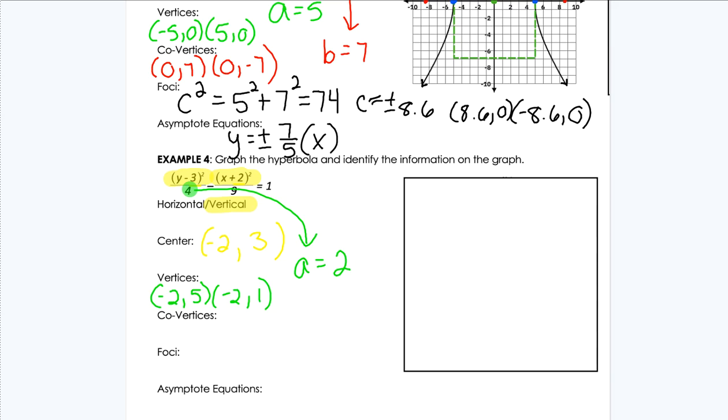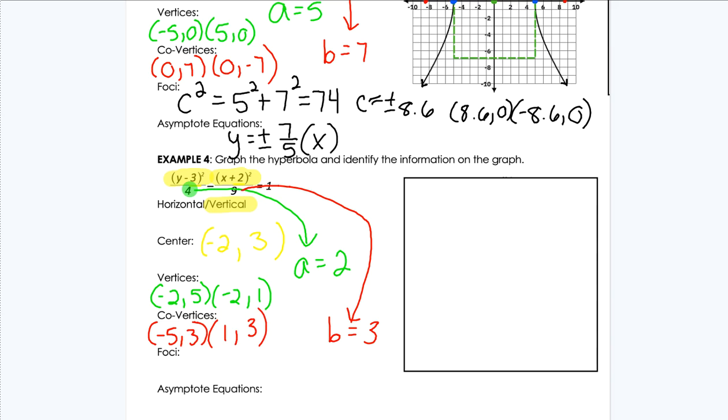I also know from this equation up here that 9 is going to help me find my b distance. So the b distance would be 3. That means my co-vertices are 3 away from the center, so they would be at negative 5, 3, and 1, 3.